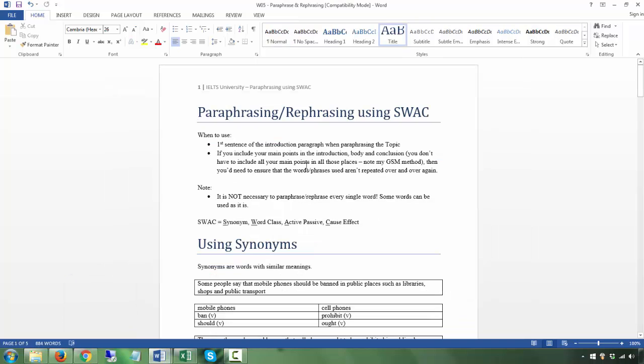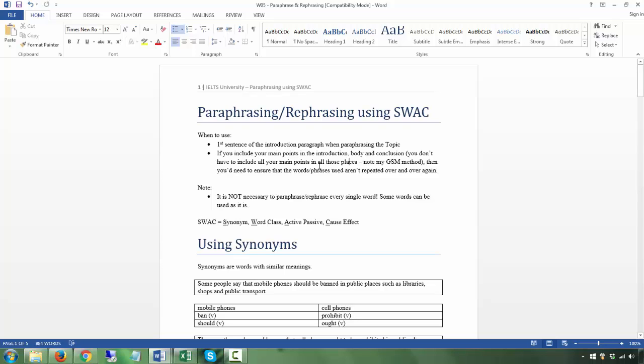Okay, so that is one area to use paraphrasing, but the other area is where you write your main points throughout the essay.